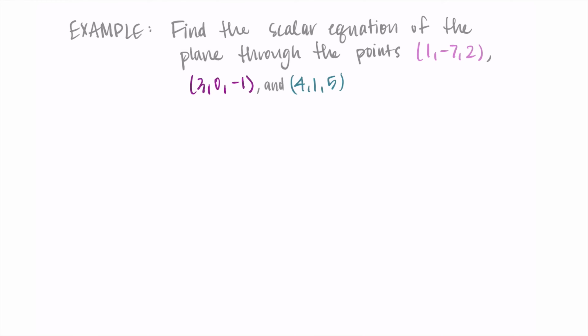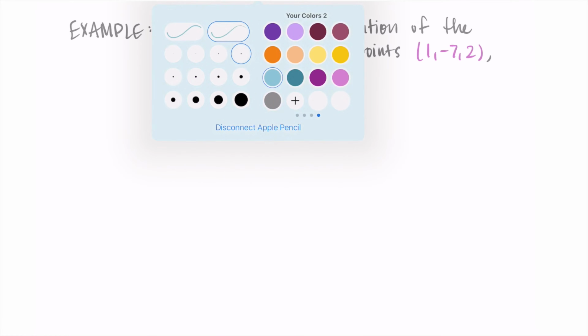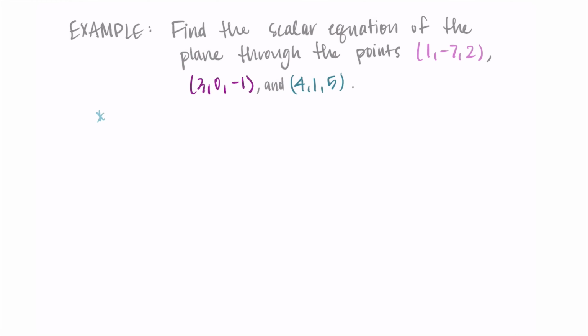Okay, so we have 3 points and we need an equation of a plane. So normally when we need a plane equation, we need a point and a normal vector. So that's what I think of when I am asked to make a plane. So I need a point and a normal vector.